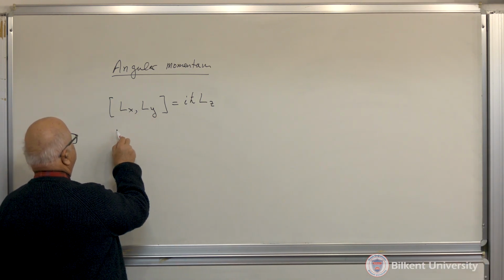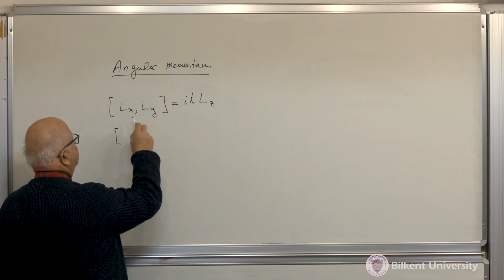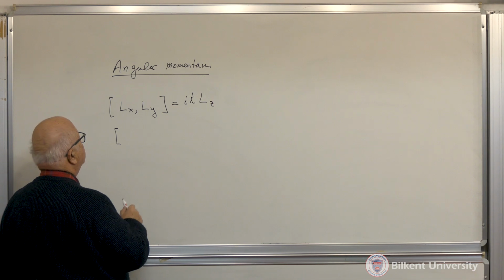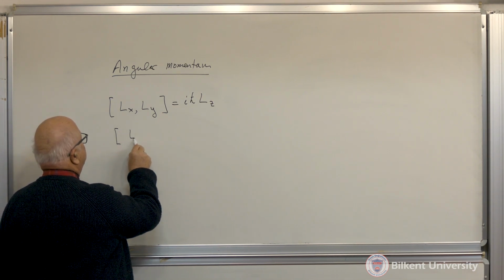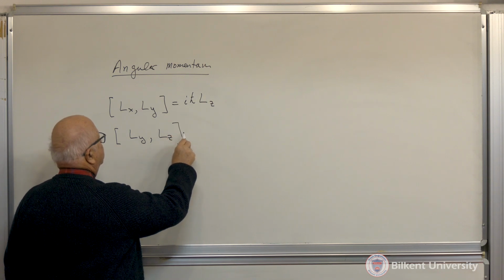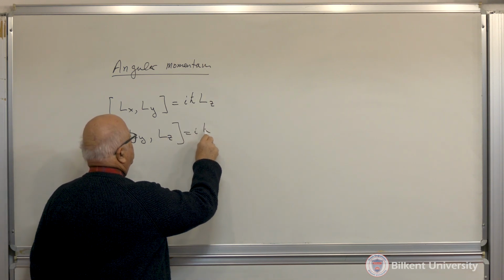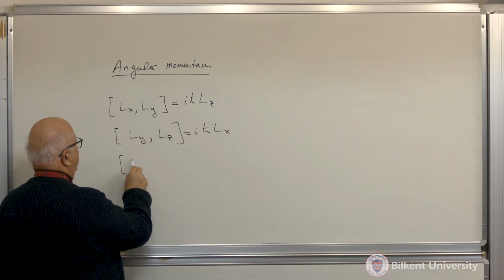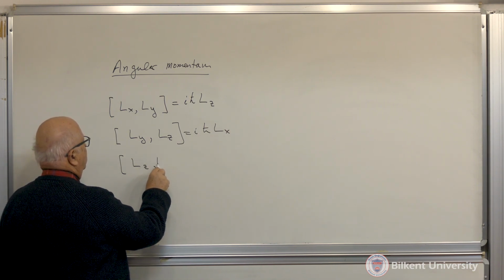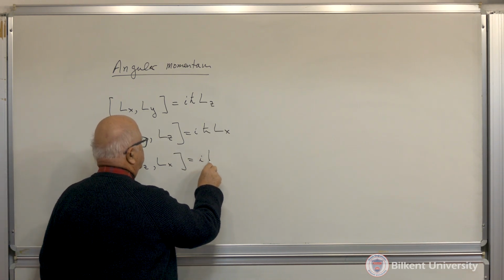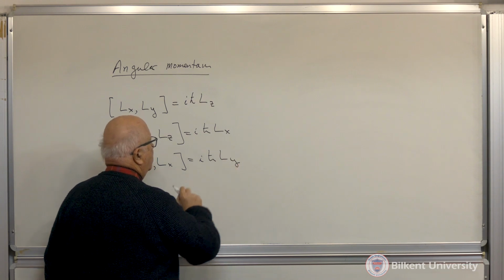Now, since all directions in space are supposed to be the same, we can just rotate these things cyclically. The commutator of Ly, Lz is going to be i h bar Lx, and Lz, Lx is going to be equal to i h bar Ly.